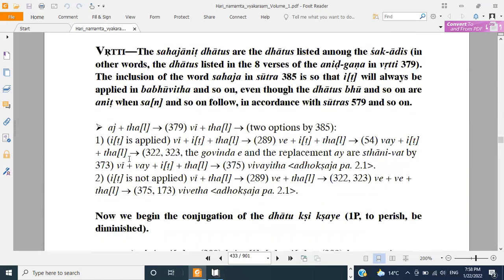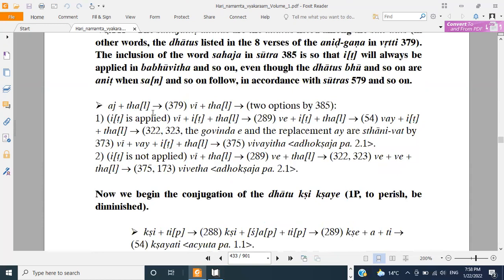Okay, declension is here. Aj yukta thal, ajay vi ghanam vina ram dhatu ke. We replaced aj by v. So now there are two options by 385. What is 385? Sarveshwarantat sahajanit idva thali. So V is a dhatu ending in a sarveshwara. It is sahaja anit, and Thal is following.